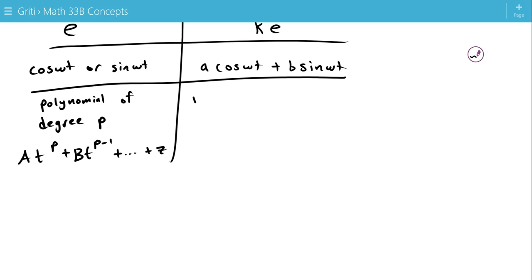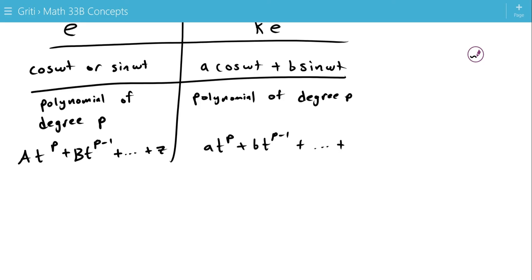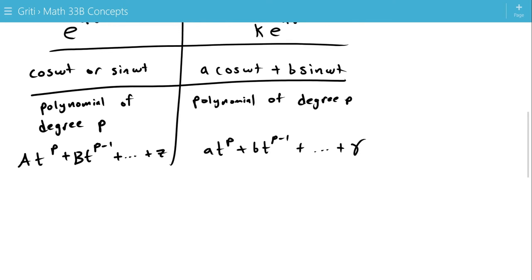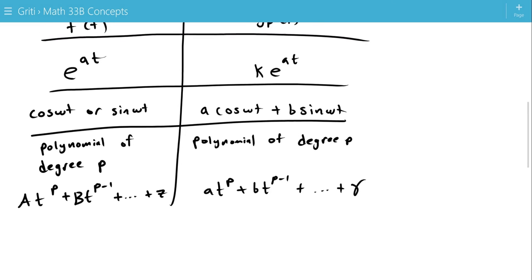Then our trial solution is going to be another arbitrary polynomial of degree p. So this might look like lowercase a times t to the p plus lowercase b times t to the p minus 1, all the way to some constant gamma. These are all arbitrary constants.